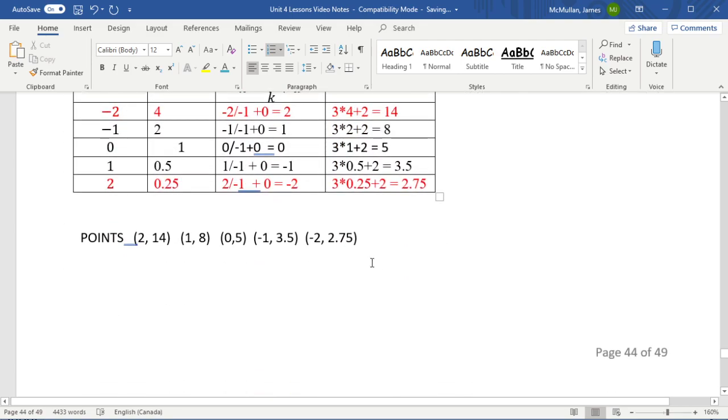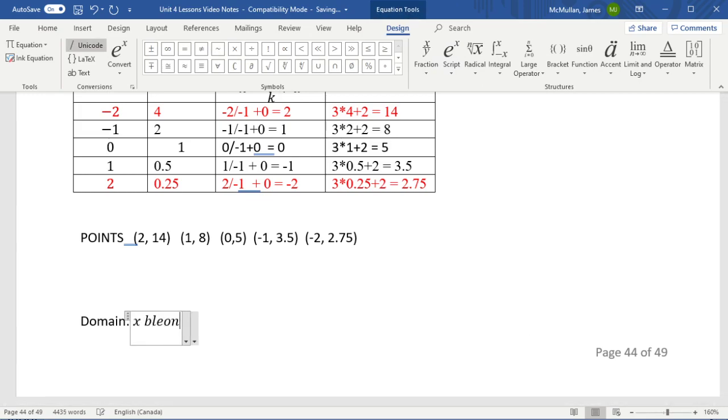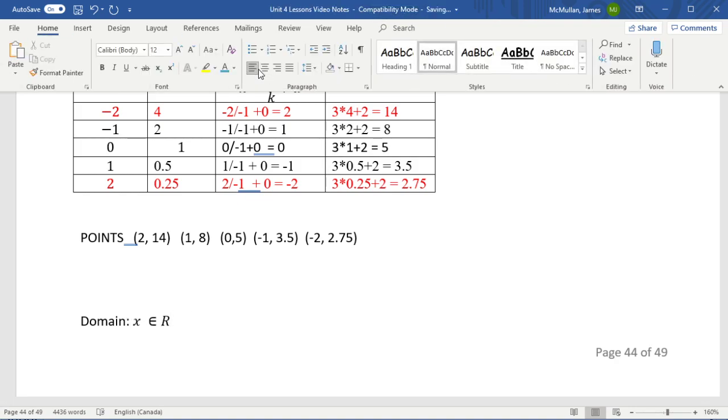All right, so looking at this equation, the domain is x belongs to, I think that thing is pretty easy to find. Yeah, okay. Belongs to real numbers. Okay, so every exponential is real numbers unless it's context, right? So x ∈ R is the domain. The horizontal asymptote is y equals 2.